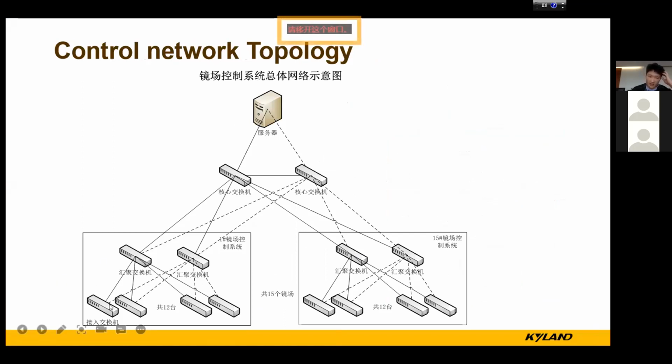And first, the controllers will be connected to the access level switch, and then the access level switch has two links to the concentration switch, and each concentration switch has another two uplinks to the core level, and then the server is also connected to both of the core level switches.